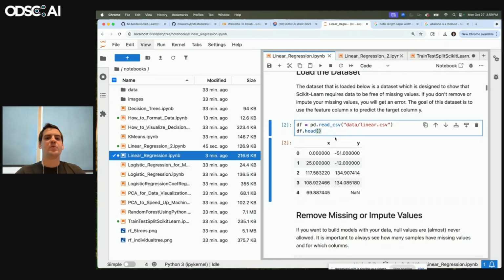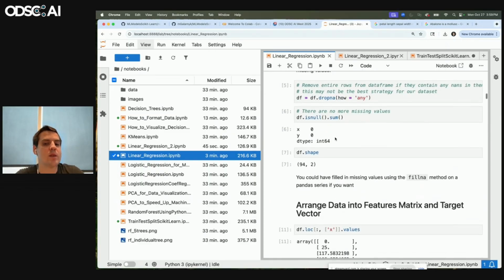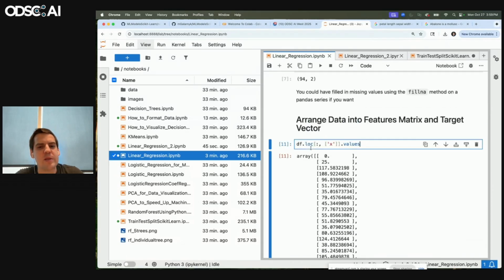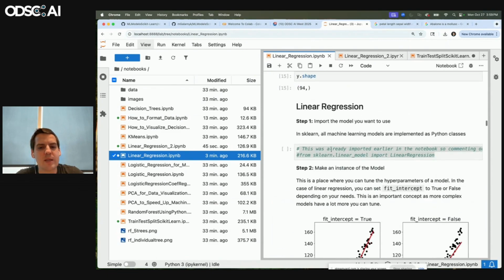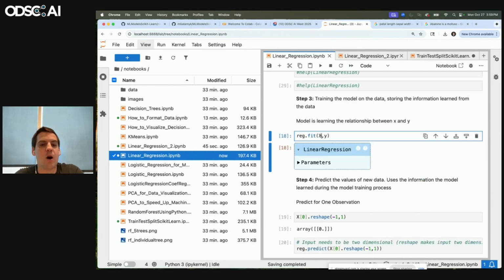This is just a nice way to store data. And I went through and did the whole cleaning process. But one thing I didn't do that's very machine learning-like is split my data into features and a target. Cool. And then what I ended up doing is I had the model learn the relationship between all of my X and all of my Y.